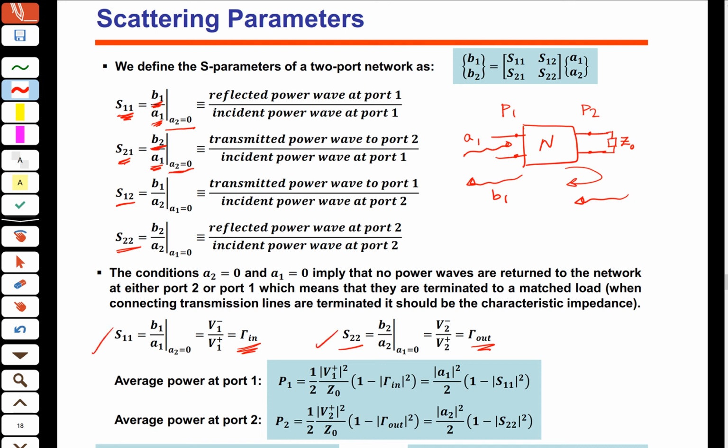And then you remember from the previous lecture that these are the formulas that we have for the power, and then we can say that the power that we received at port 1 is this value, and the power that we received at port 2 when we transmit at port 2 is this.